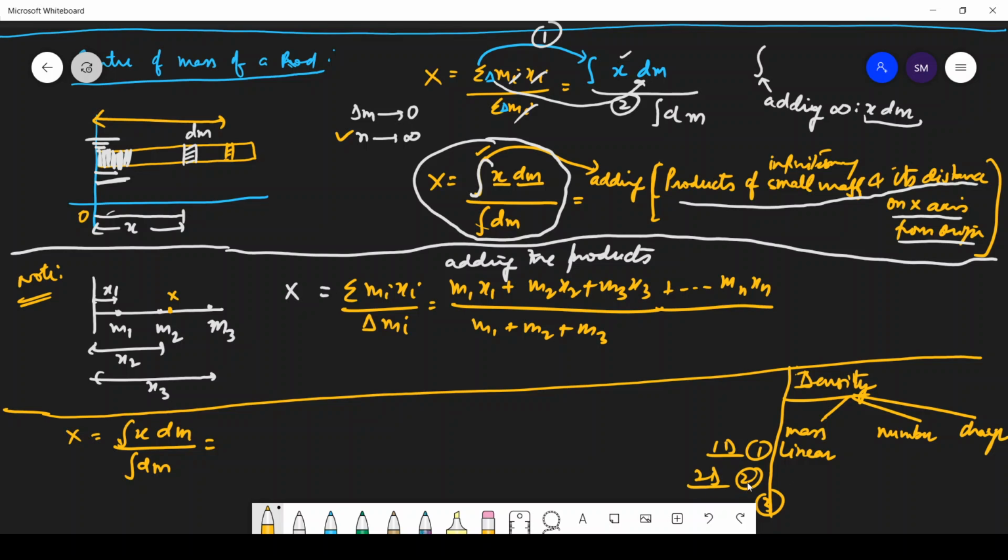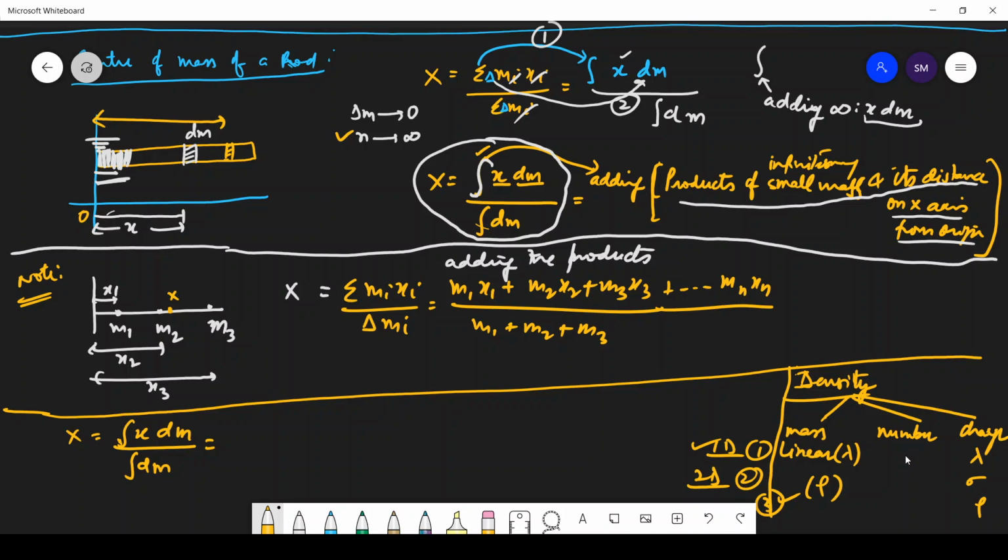When you have two dimensions or three dimensions, the symbol of linear density is lambda, and for 3D mass density, the density will be rho. In case of charge, we have three symbols: for linear charge density, for surface charge density, and for volume charge density.